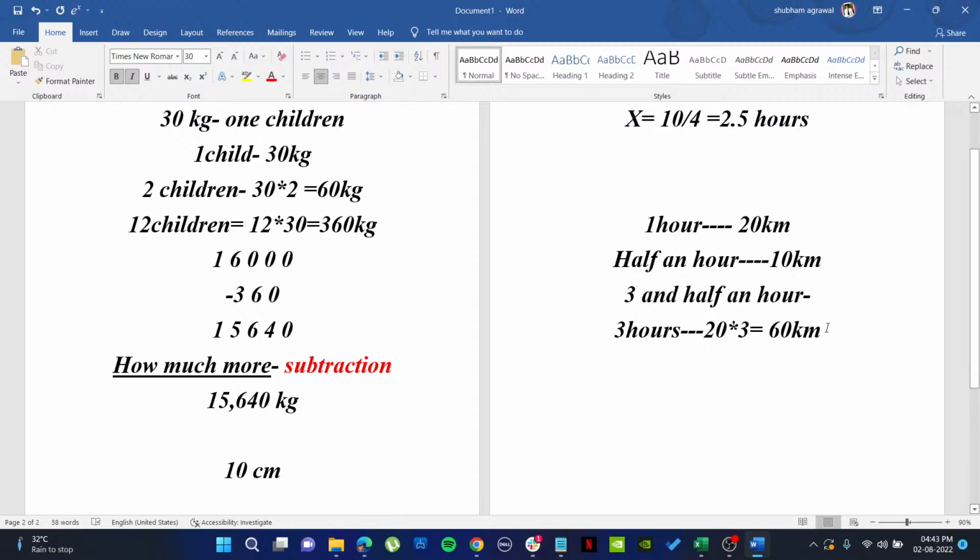Addition. We will be adding the distance the boat has covered in 3 hours and the distance it has covered in half an hour. So 10 km here, 60 km here. 60 kilometers add 10 kilometers, our final answer would be 70 kilometers. So in 3.5 hours, the total distance which the boat has covered is 70 kilometers. Okay, in this way we can calculate it.